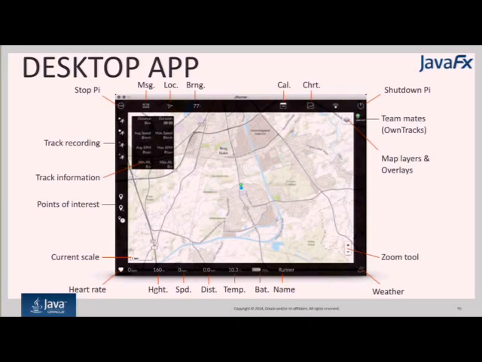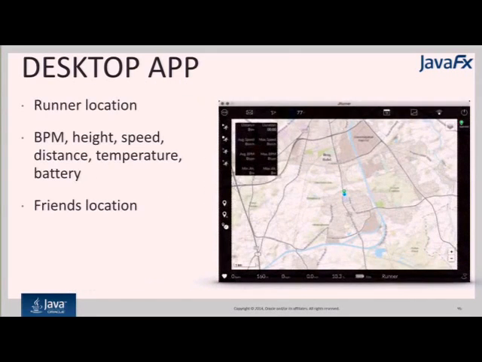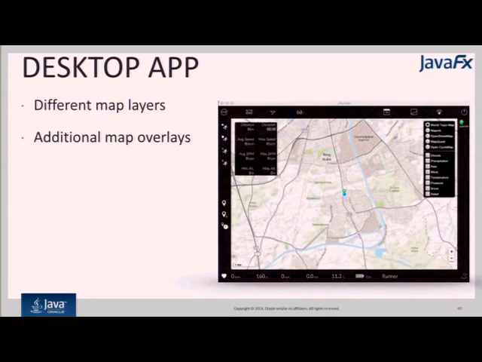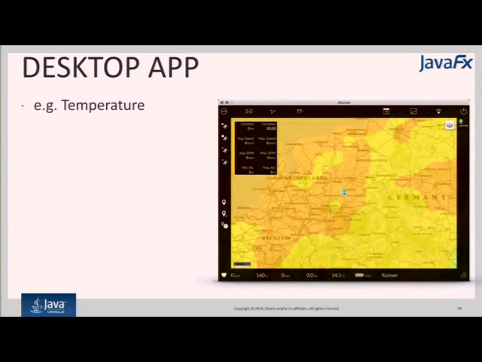And here you see, if someone on OwnTracks subscribed to the same topic, it will show you the position of the teammates in this map. Like I said, it shows you all that stuff, friend location and so on. And because it's using OpenStreetMap, you have all these different overlays that you can use, for example a temperature overlay.